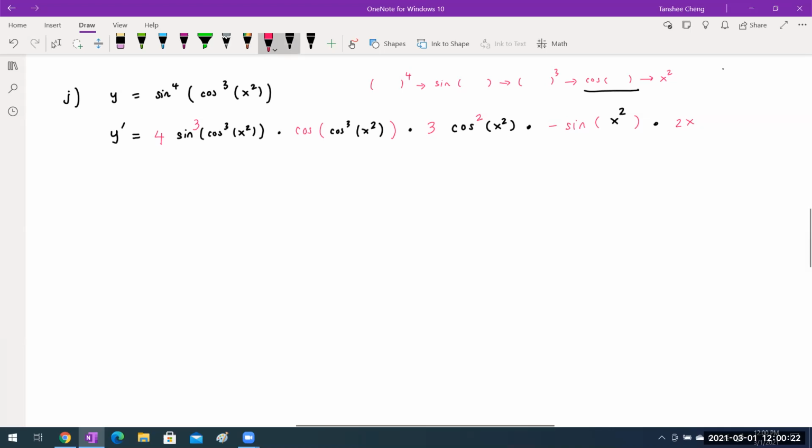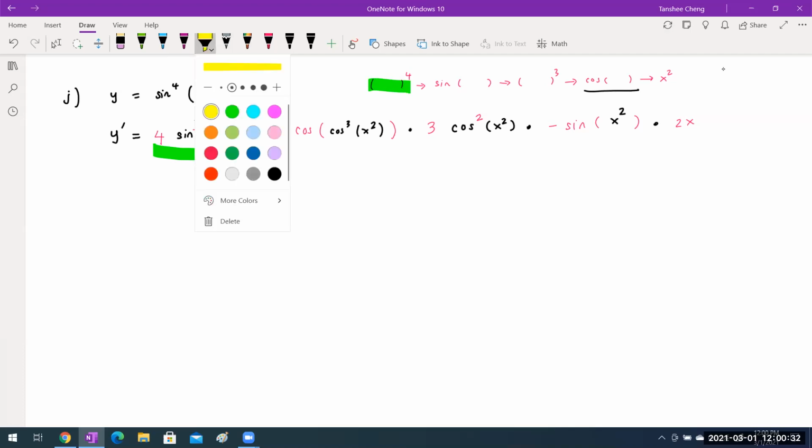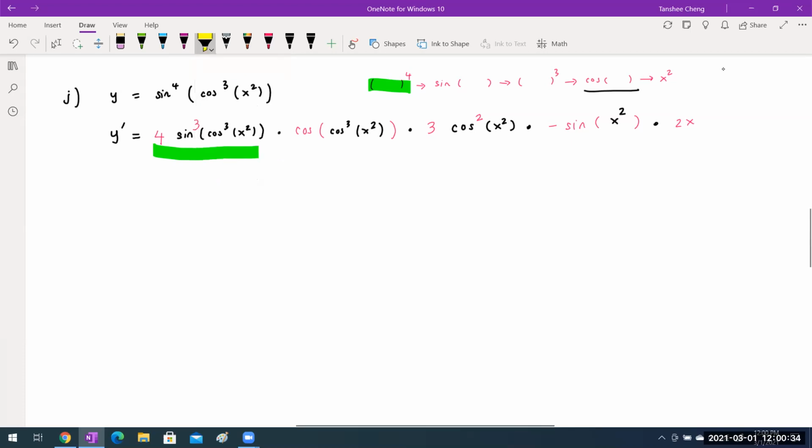So this part is the derivative of the full power function. And then the next will be the derivative of the sine. And that is the derivative of the sine part.